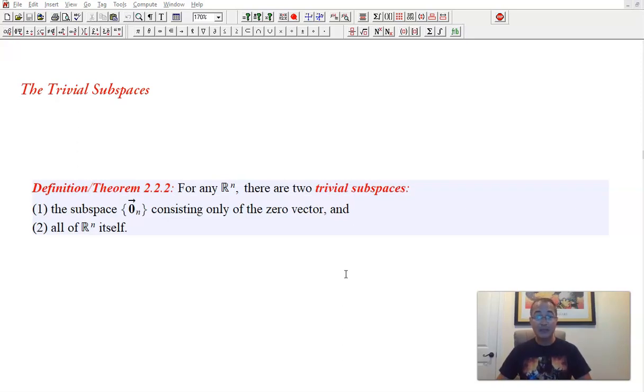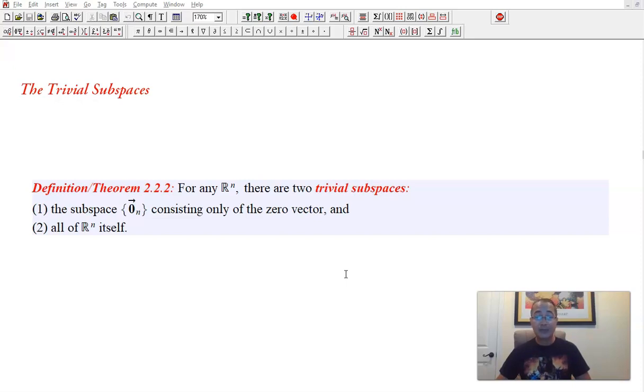Okay, there are two very easy examples of subspaces of any Rn. And because they're so easy, they're called the trivial subspaces. So the first trivial subspace is the subspace which contains only the 0 vector. So we just said that any subspace has to have the 0 vector. But what if that's the only vector in your subset? Well, it turns out that it's enough.